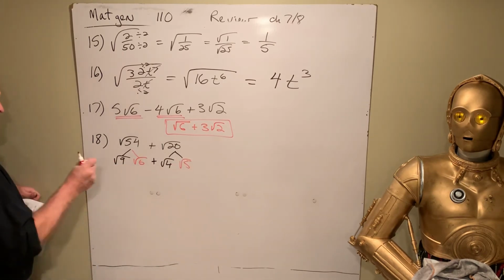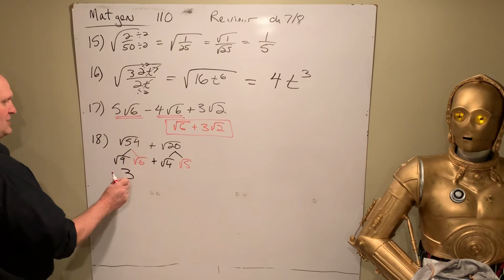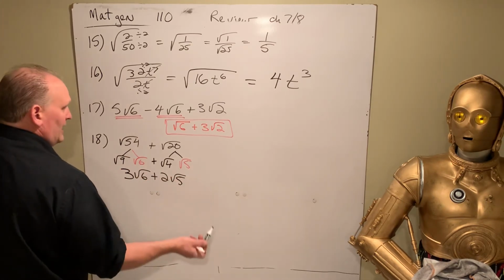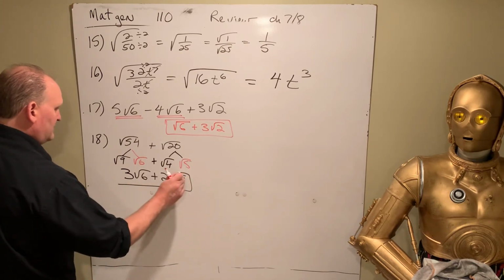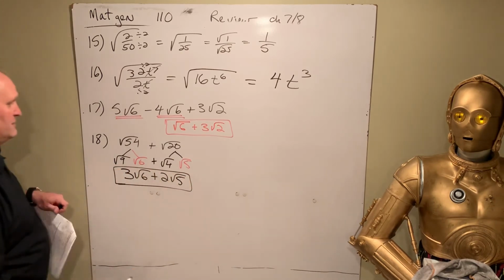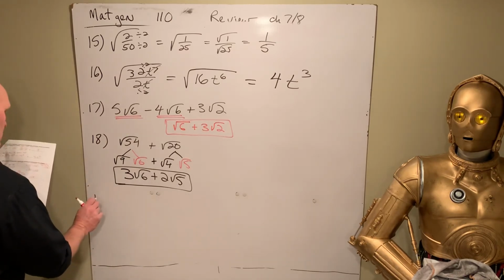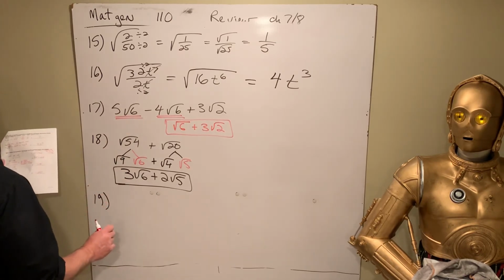So you can simplify it, but you can't combine them. It's 3 square roots of 6 plus 2 square roots of 5, and we can't do anything with it. That's it. They're unlike terms. And so it just stays like that. And there is one like that on the test.